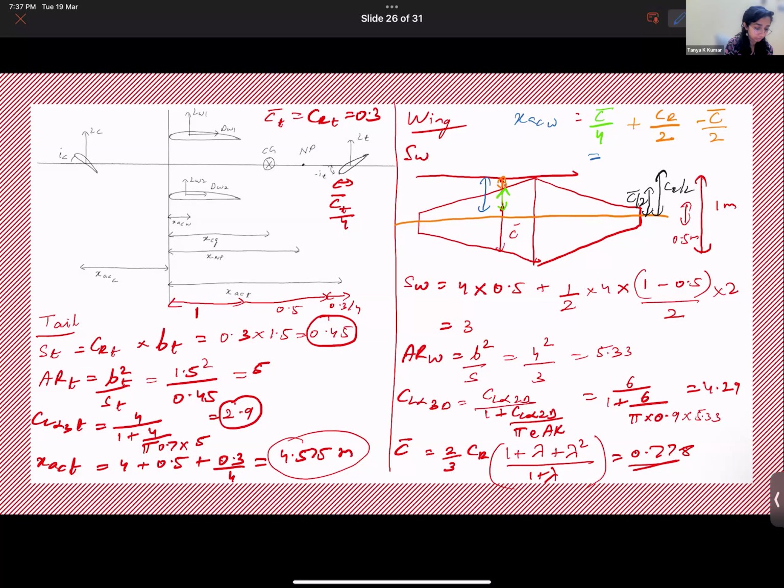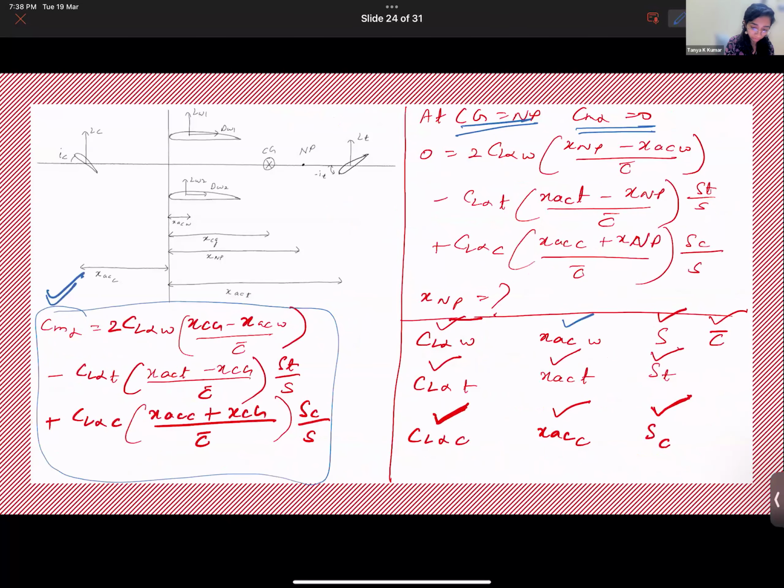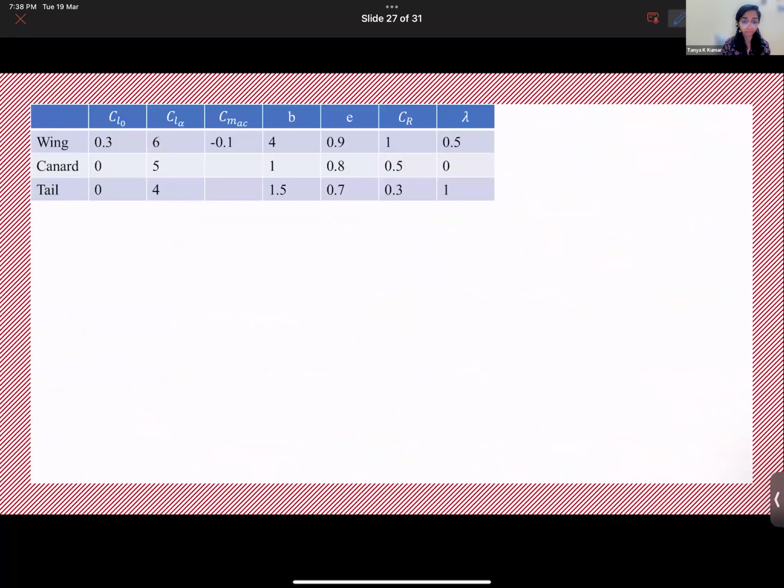Can you tell me what the value is? This C bar by 4. C bar. 0.306. Okay, let me just circle the values that we want. And CL alpha and C bar and S. All right. Okay, so we have found all the terms. Now let's substitute it in the equation and see if we get the XNP. All right. So let's try doing that.